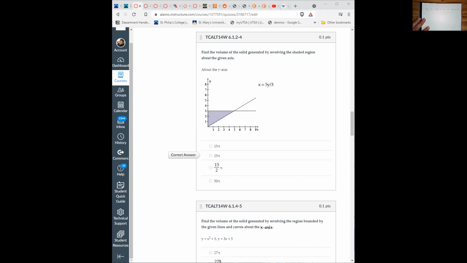Okay, find the volume of the solid generated by revolving the region about the y-axis.